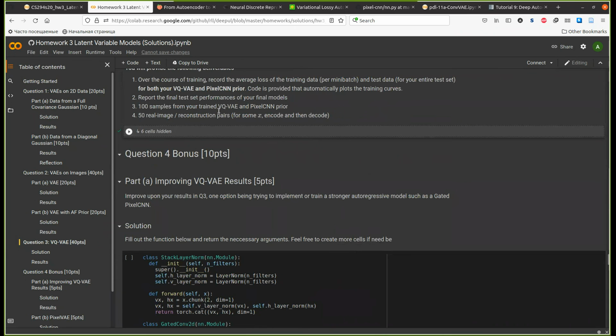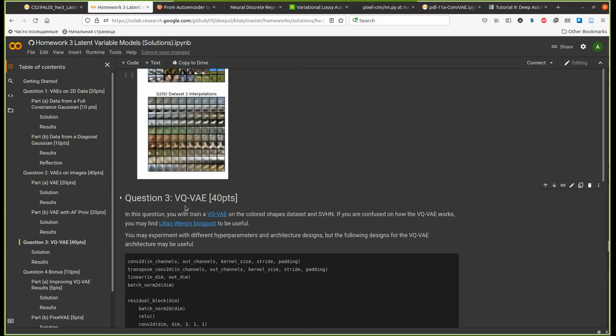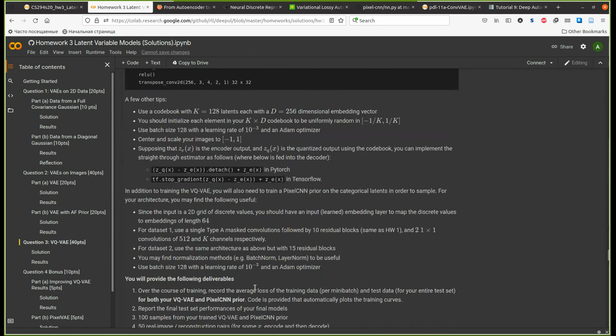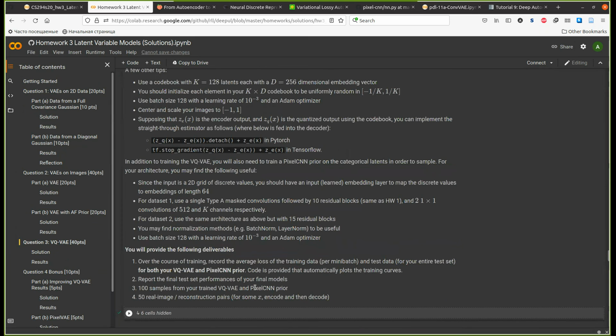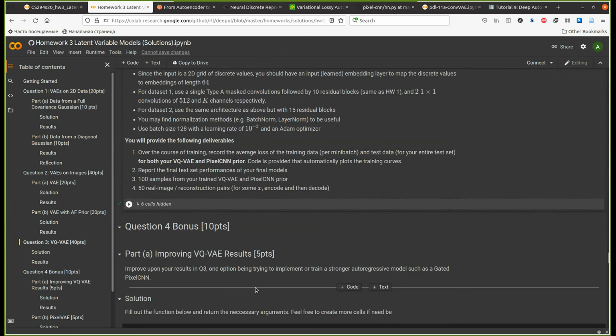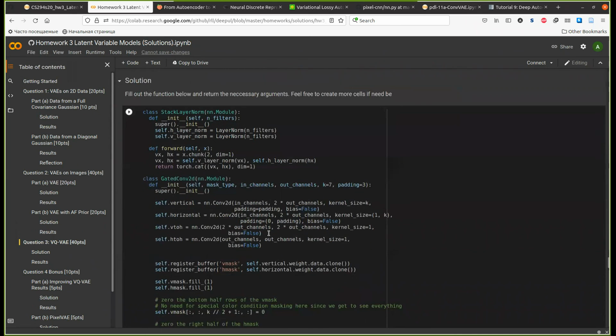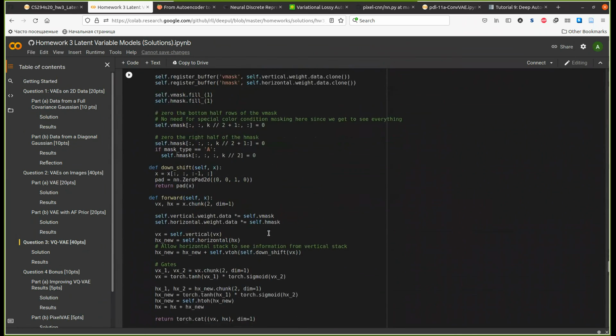So we will look at how you get VQVAE to work, and then how you can model the prior for, or like the initialization prior for VQVAE with pixel CNN. And then we will have a look at how to improve these models.